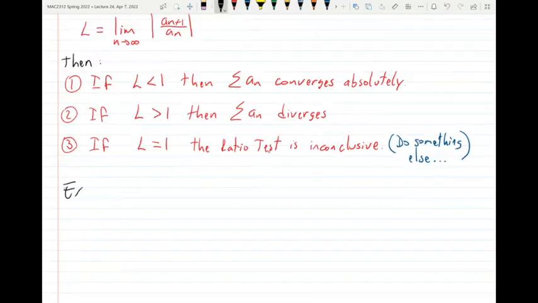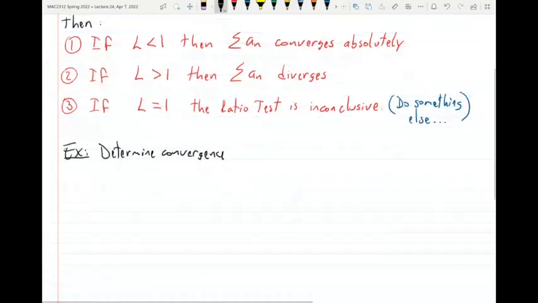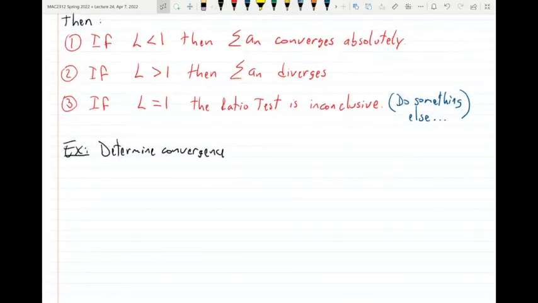Let me give you an example. Determine convergence. And remember, when you use the ratio test, if you get convergence, you immediately get absolute convergence, not just regular convergence, not conditional. If it converges, it does so absolutely. This is a very powerful test.